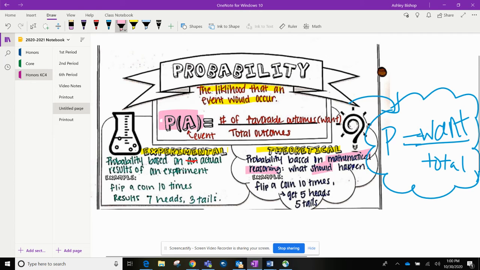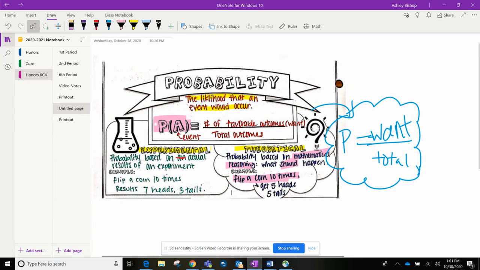And so if I flipped a coin 10 times, I should be able to get heads 5 times and tails 5 times. In a perfect world, I would get them half and half. But the world isn't perfect. That's why we have coronavirus, because it's not perfect. And so we have to know the difference between experimental and theoretical probability.